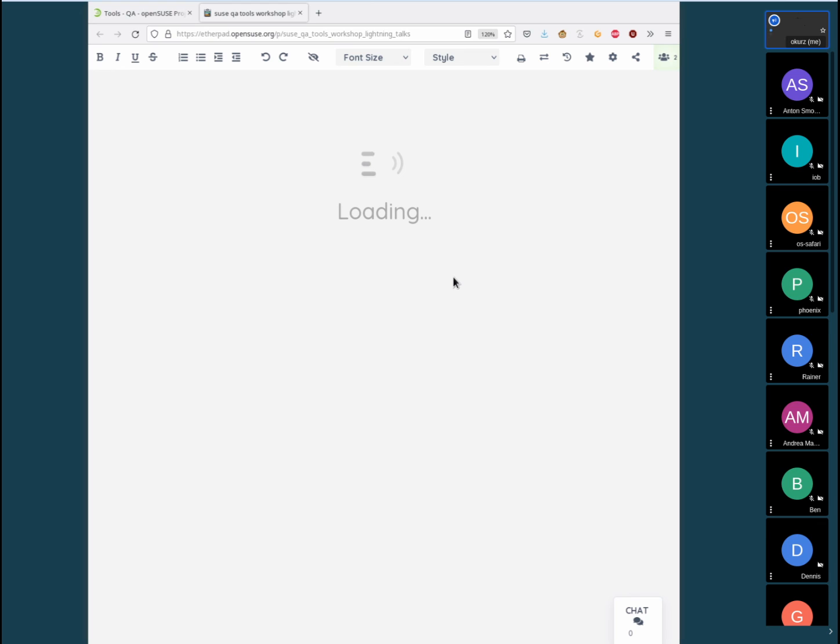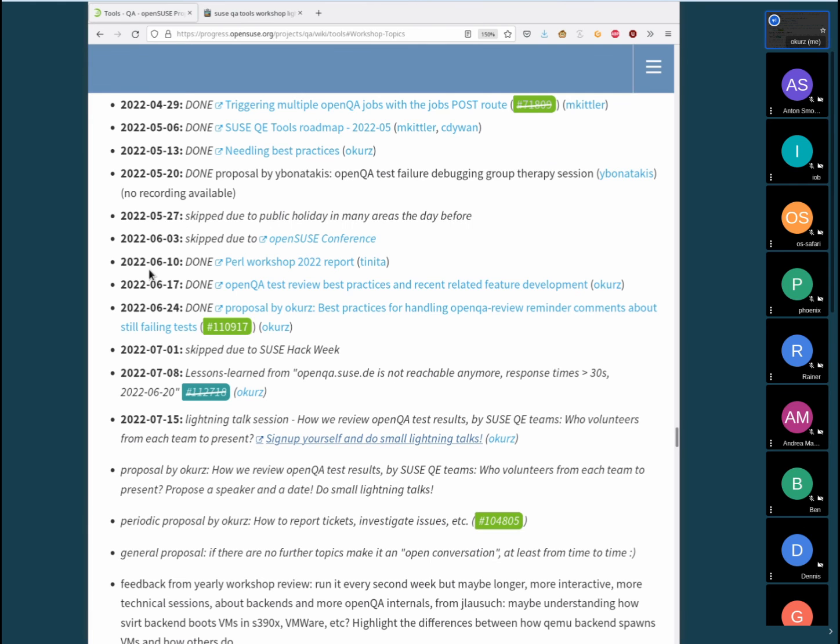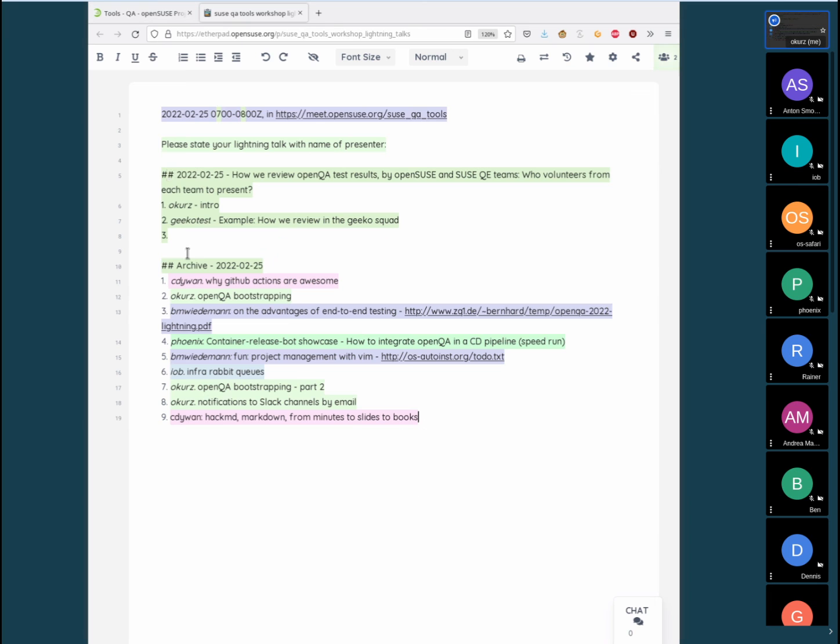There is an Etherpad document. There are already multiple lightning talks from the last time we had the lightning talk session in February. Oops, sorry, I need to update that right now.